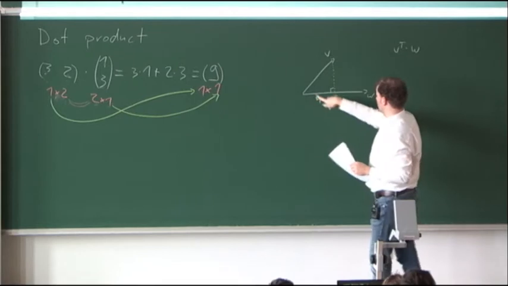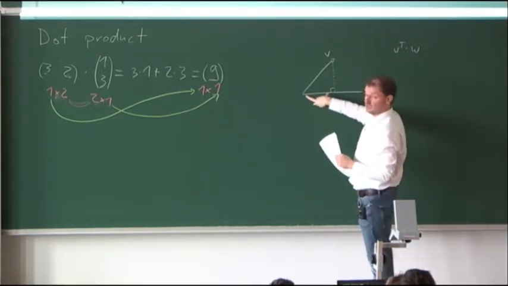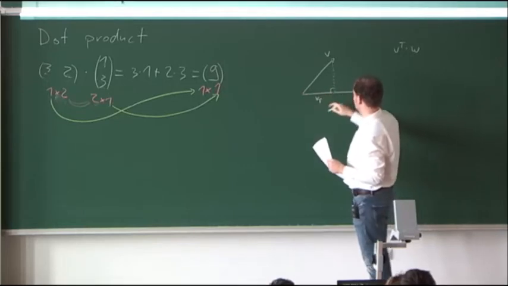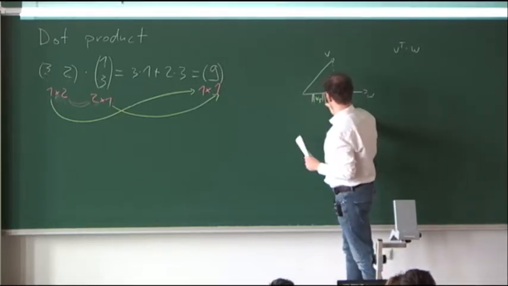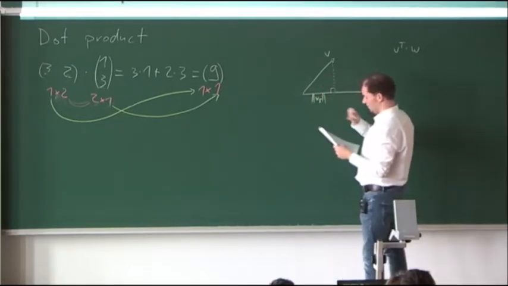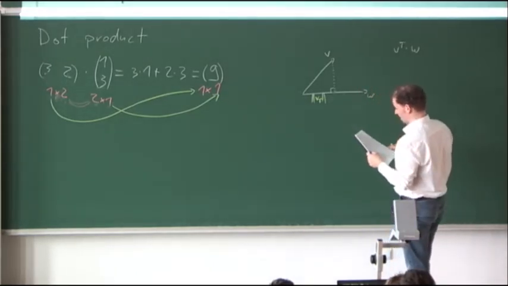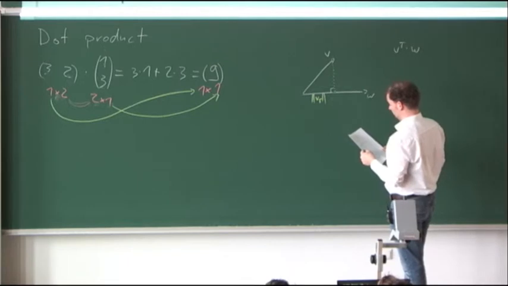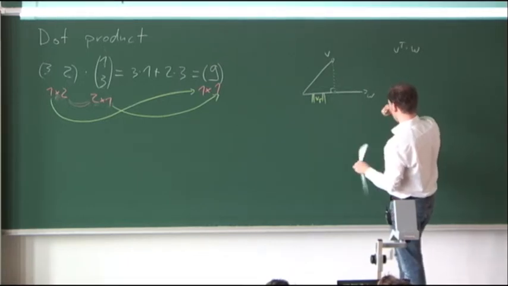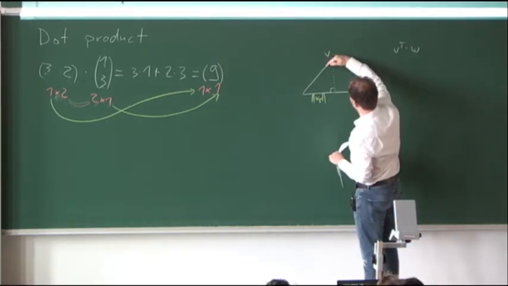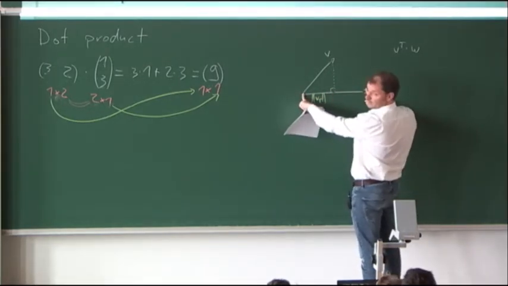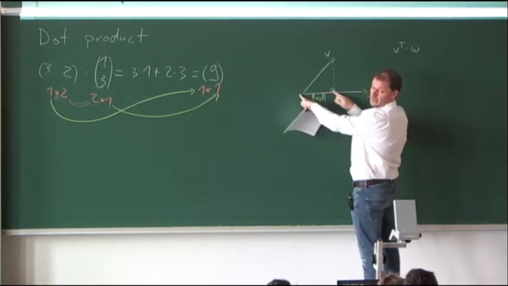But actually I'm not interested in this vector, I'm just interested in how long this is. So this will be the length of V projected. And what I do is I project V on W, I take this length, I take the length of W, and I multiply these.